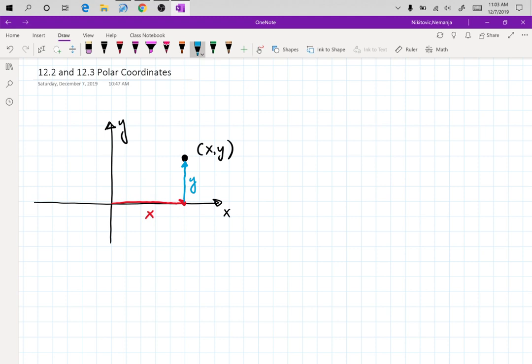Or you can go y along the y-axis first and then x. And what you see is whatever path you take, it will get you to x, y, and it always creates a rectangle. Therefore, these are called rectangular coordinates because they create rectangles as you go around.